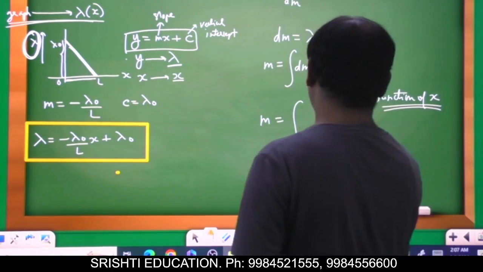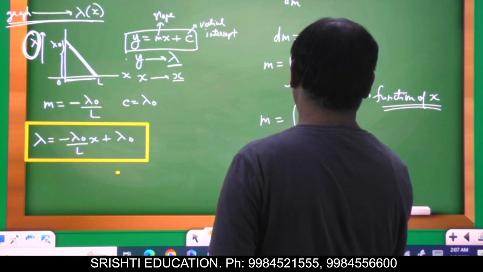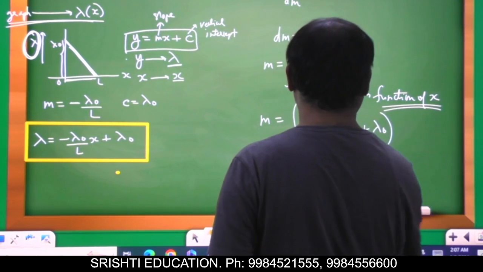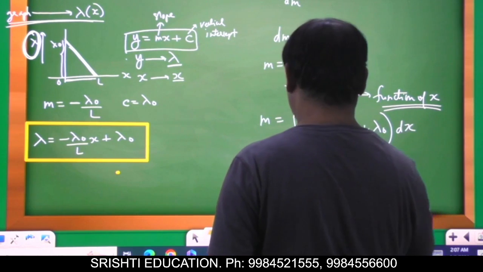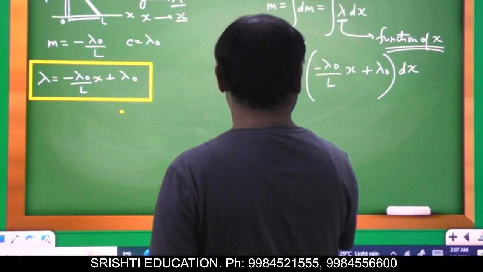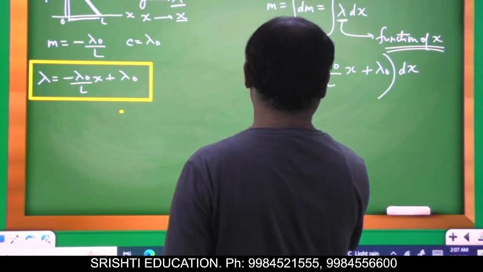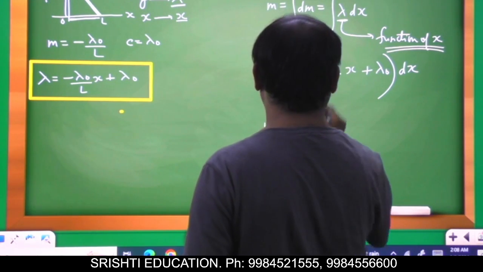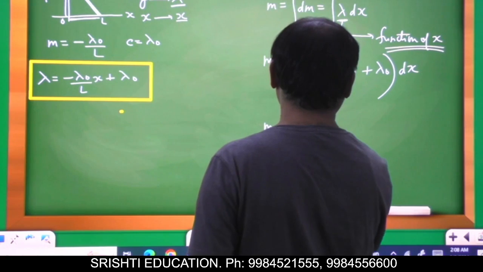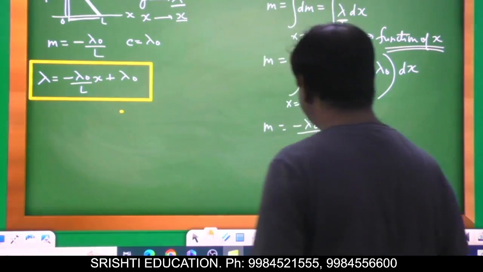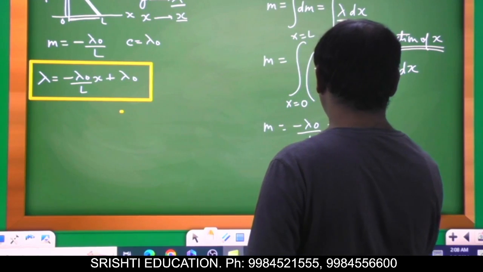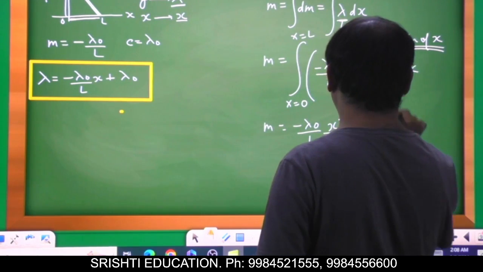So we'll get minus lambda naught by L x plus lambda naught dx, correct? And you will put the limit of x beginning with 0 and running till L. Now lambda naught and L are constants, so they will remain the same. The integral of x will be x square by 2, plus lambda naught is a constant, and the integral will be x.